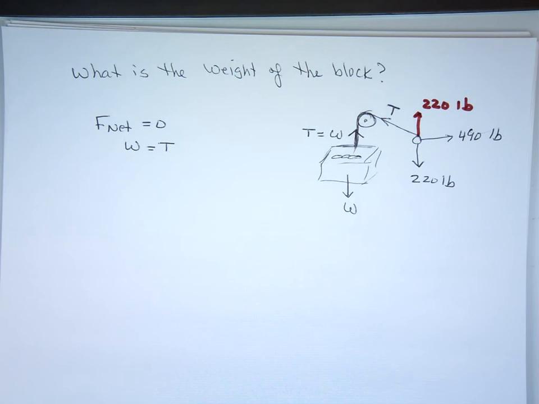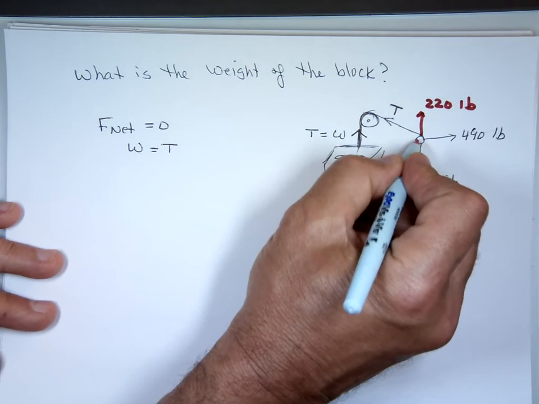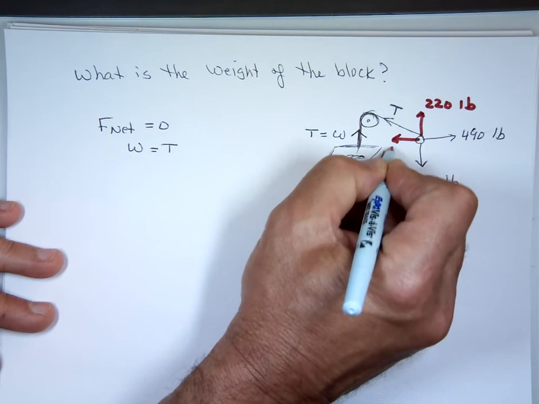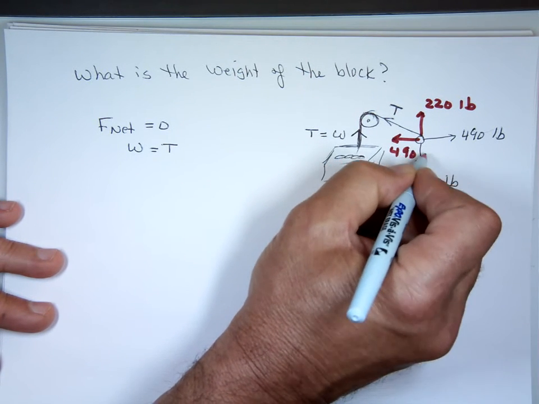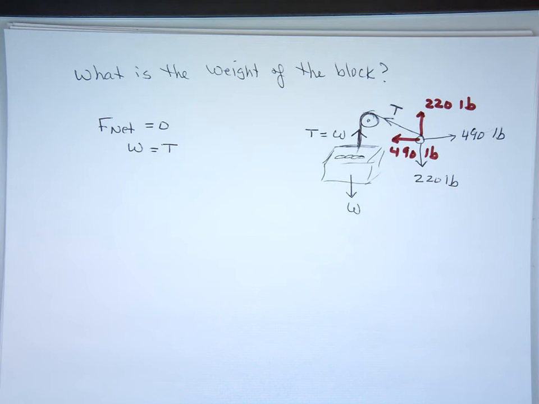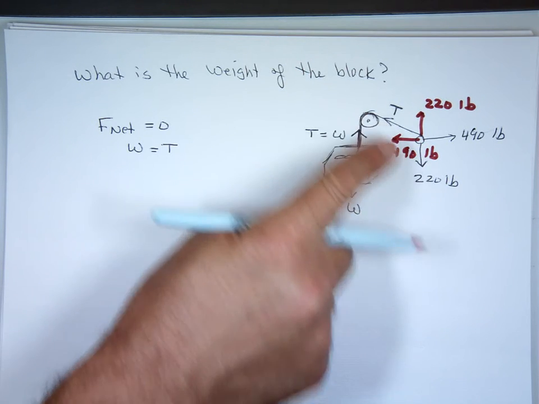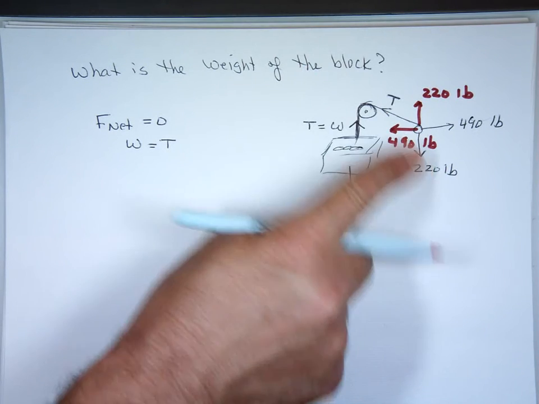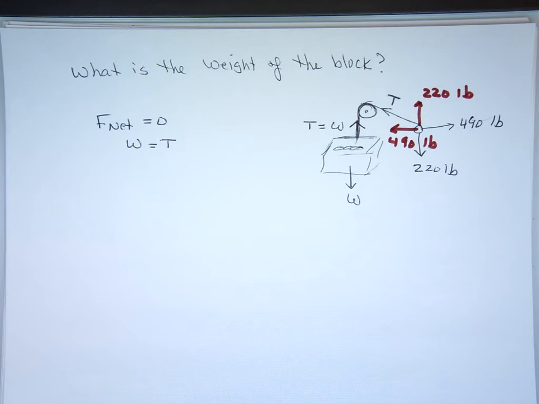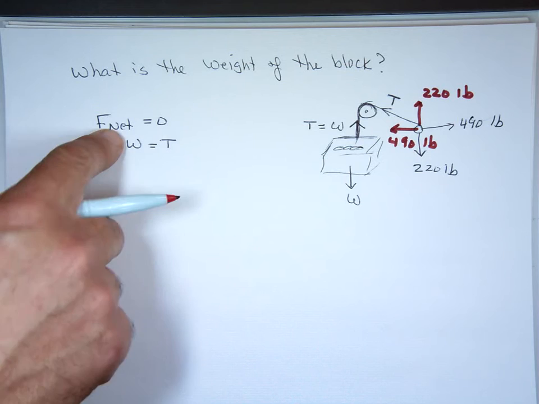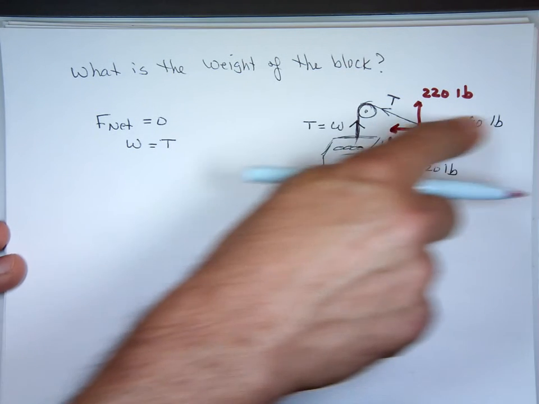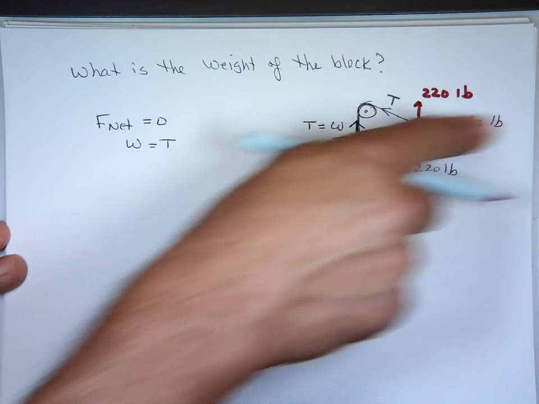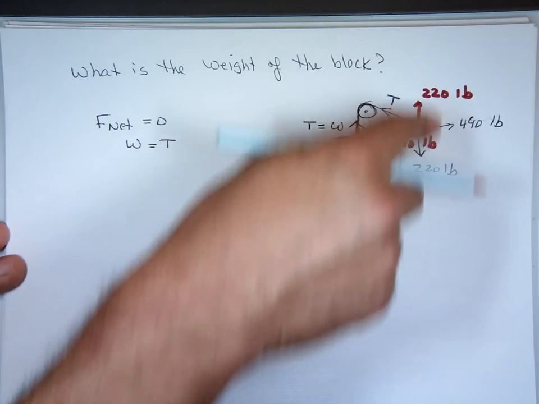It has to have a value in this direction of 490 pounds. That's what that tension should have. It should have a component in this direction equal to that, and a component in this direction equal to this. If they are equal, they cancel each other out. That means equilibrium, the net force is zero. There is no net force in this direction, they cancel each other out. There is no net force in that direction, they cancel each other out.